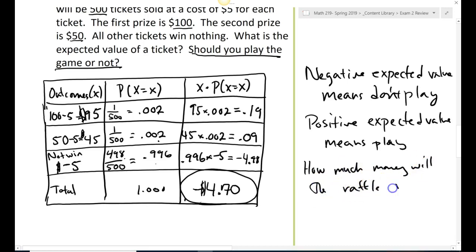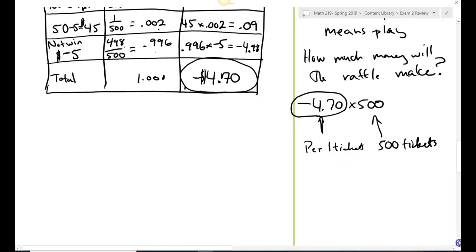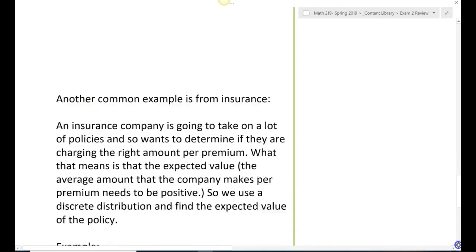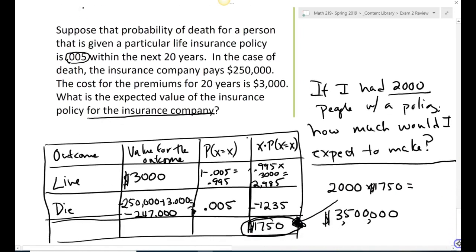That'll be negative $4.70 times the 500 tickets, because that's per ticket, per one ticket, and this is 500 tickets. So that's what that expected value is. It's how much you get for every one time you do the event. For every one person you pick at random, or like in the case of the insurance company, for every policy that they write.